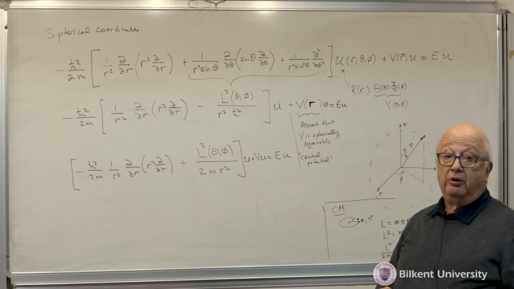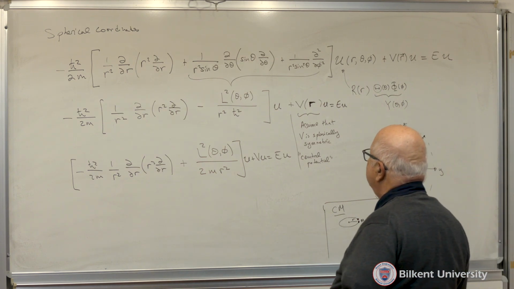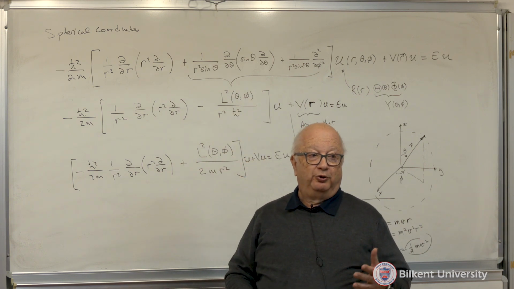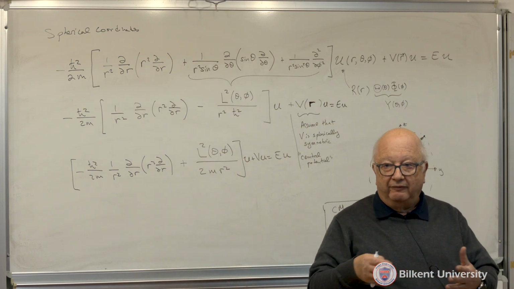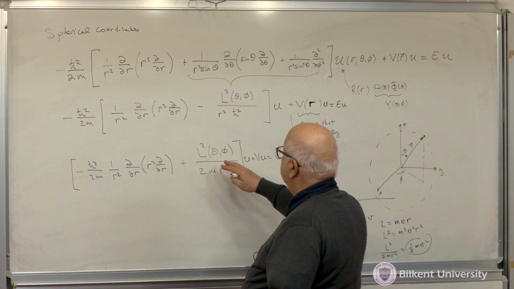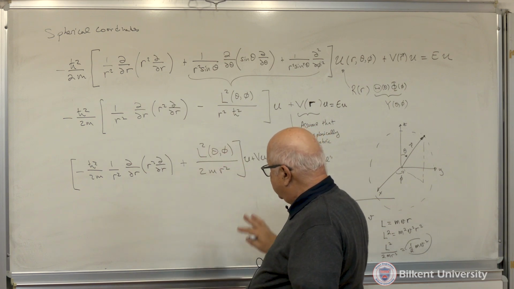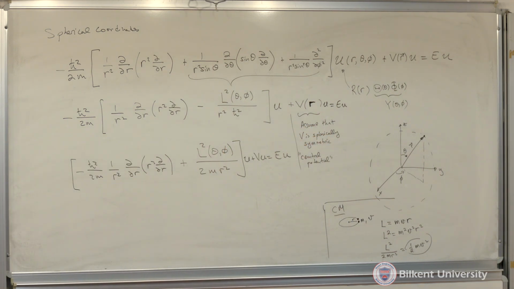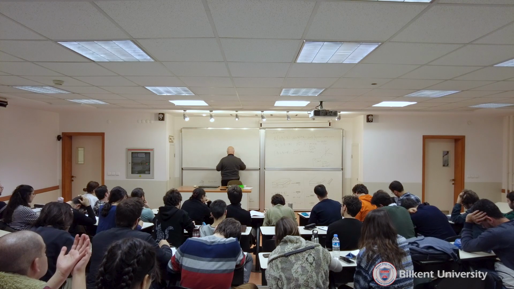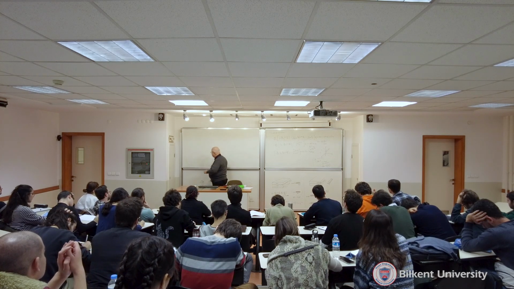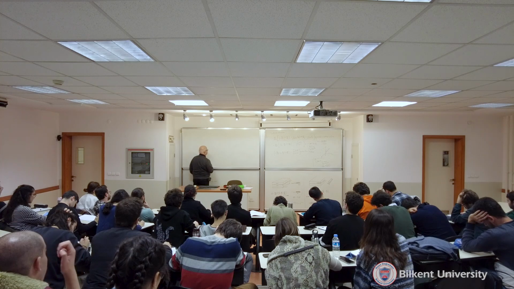This is not a simple transformation, but the details are in your textbook. It takes a few pages of algebra, and you can show that this is equal to the angular momentum. Let me just give you a taste of what you have to do. Let's look at the phi derivative. The phi derivative is usually nice and easy.